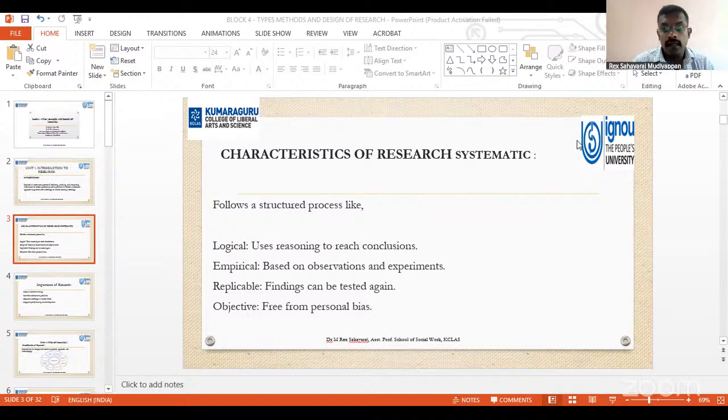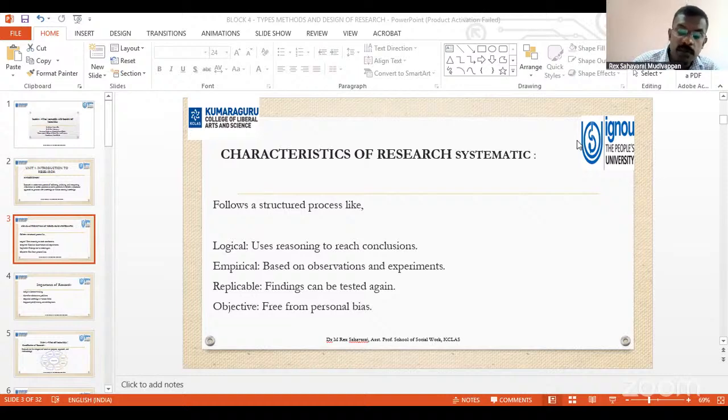And it is replicable, meaning findings can be tested again and again. If it is replicable, the findings need to be similar. In social sciences, it cannot be the same, but it can be similar.